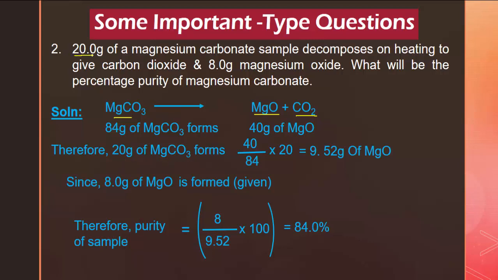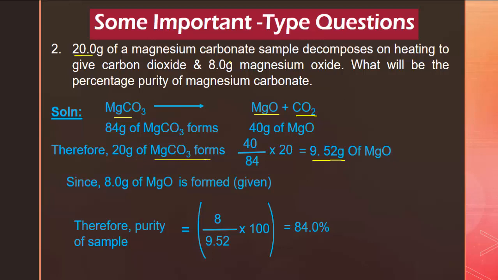Therefore 20 grams of magnesium carbonate, which is given in the numerical, forms how many grams of MgO? Let's calculate that. 40 into 20 by 84 gives the value as 9.52 grams of MgO formed upon decomposition of 20 grams of magnesium carbonate.